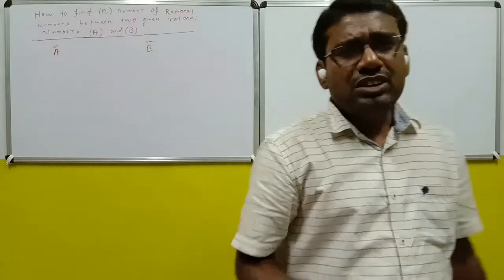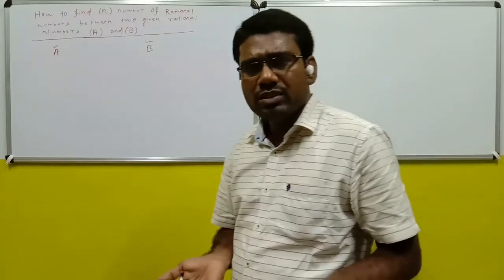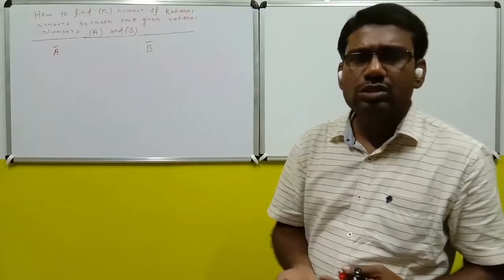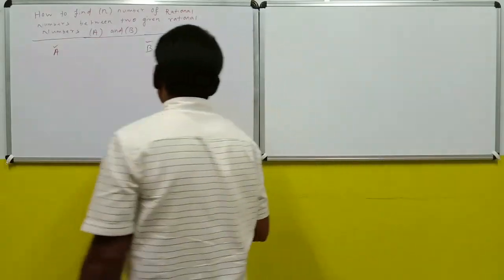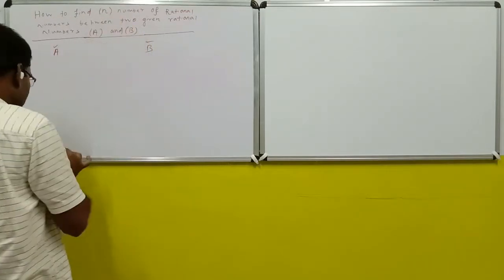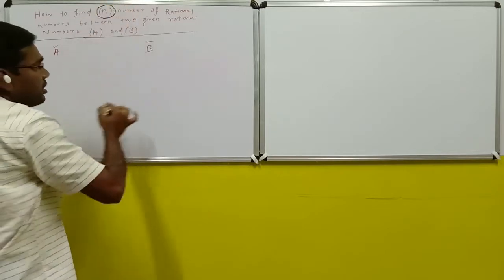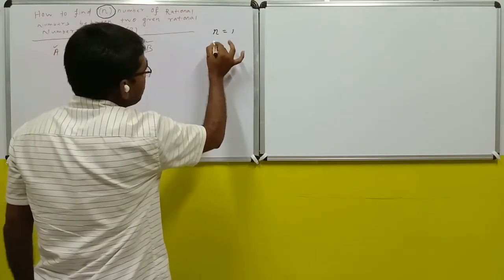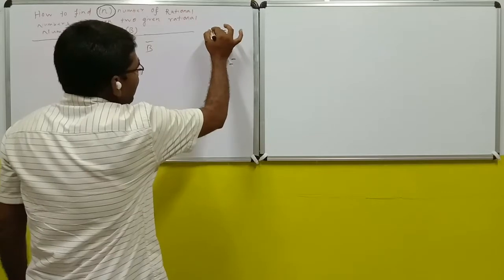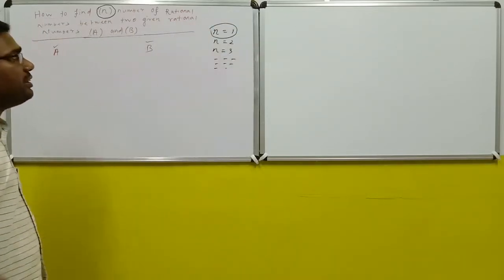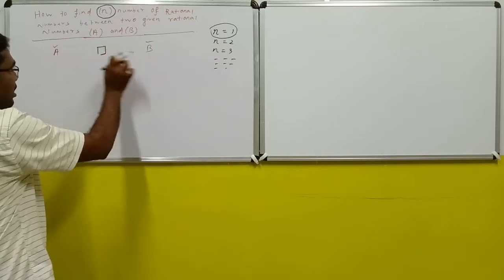N number of rational numbers means you can find only one rational number, or you can find two rational numbers. It means the value of n can be anything, either n equal to 1 or n equal to 2 or n equal to 3 and so on. When n equal to 1, you have to find only one rational number between your given rational numbers a and b.